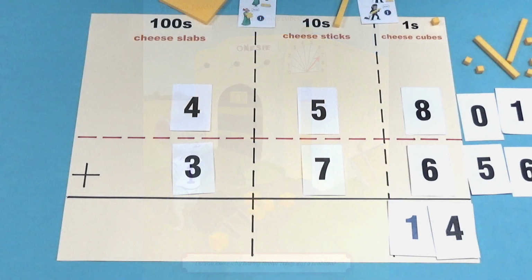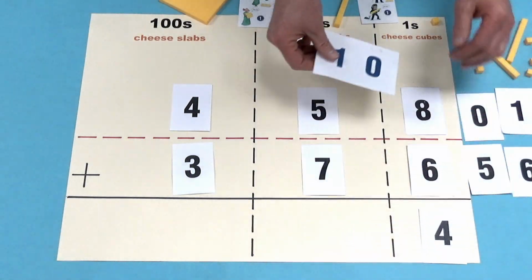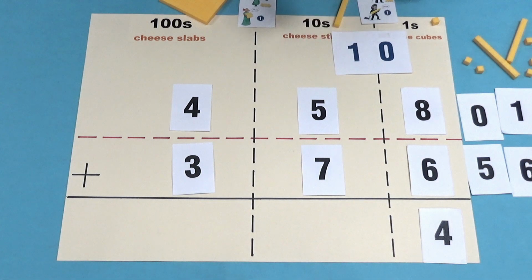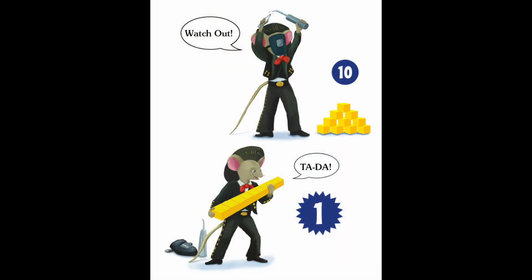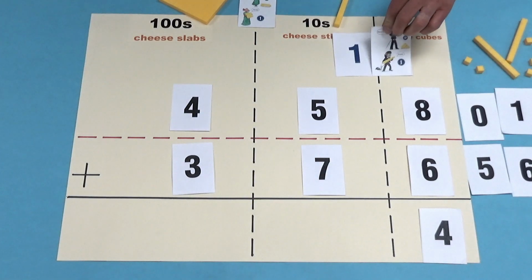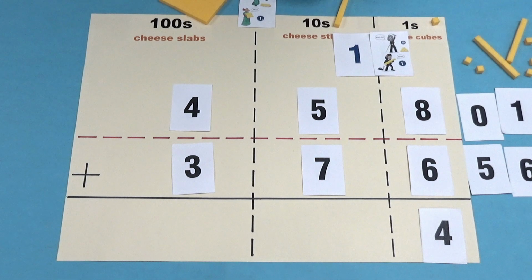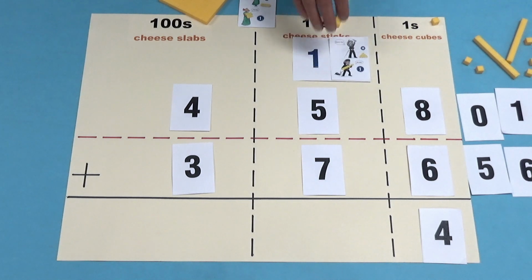No, so we keep 4 ones in the ones place and give the 10 ones to the tens place or Tenor. Then we take the 10 ones or cubes and melt them together to make one 10 or stick, just like Tenor did, by placing the thumbnail picture over the 0. Ta-da! Slide the 10 all the way into the tens place.